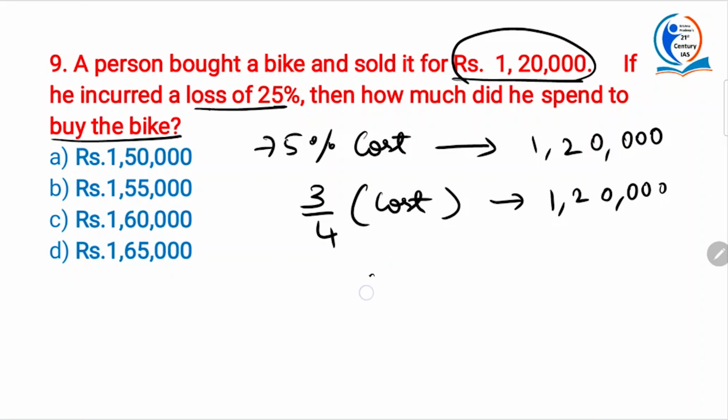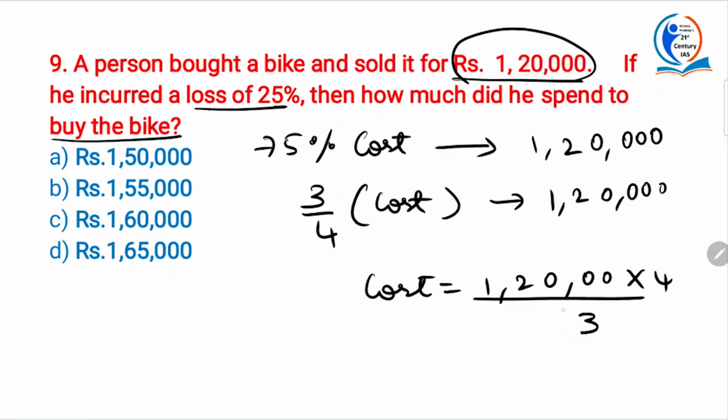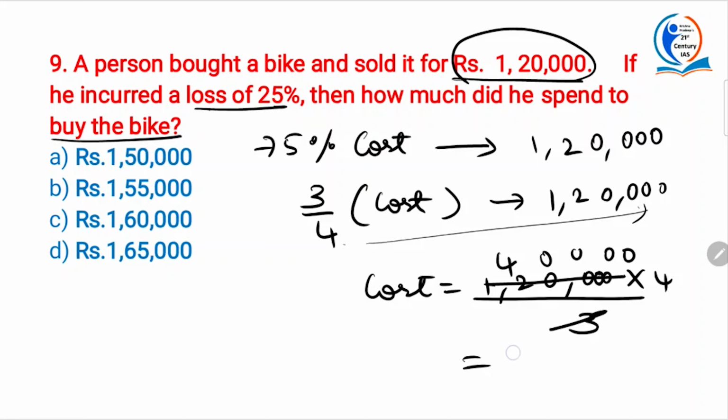So the actual cost is 1,20,000 into 4/3, which is 1,60,000. So C is the answer.